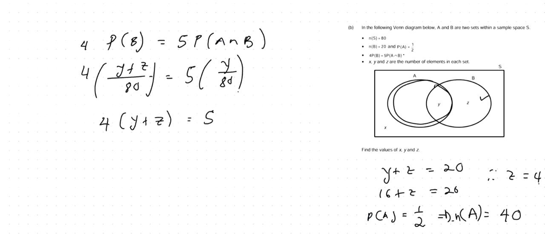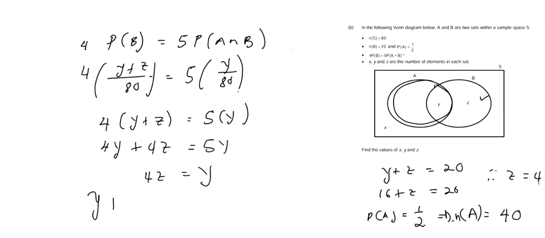Then we'll simplify, and we'll get 4Z is equal to Y. We understand that Y plus Z is equal to 20 because they already told us that the event is 20.